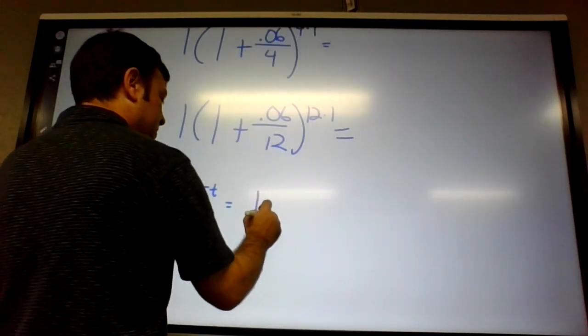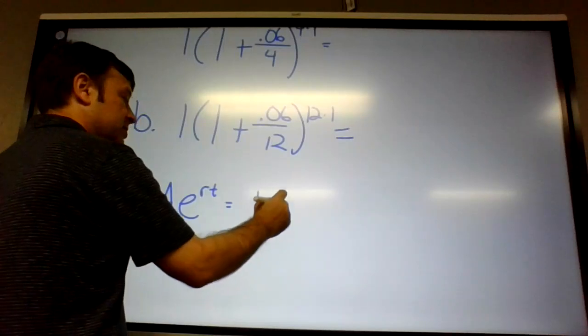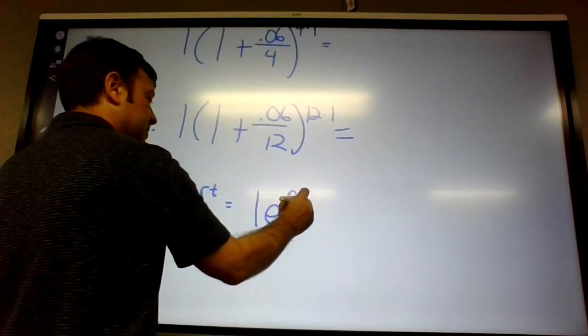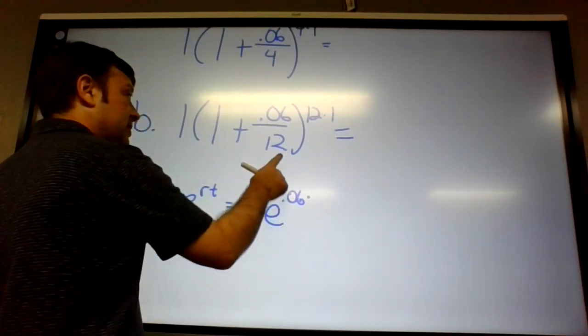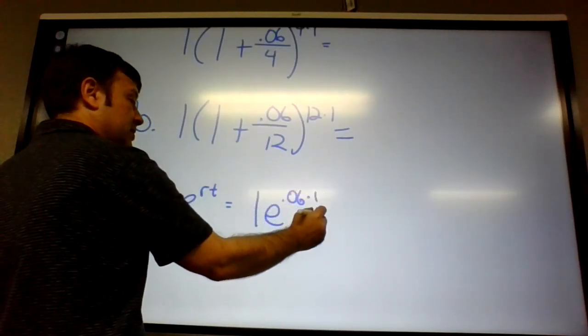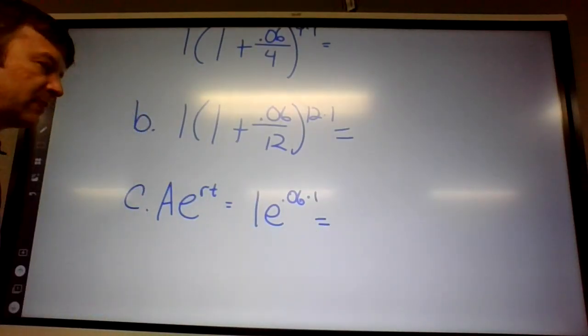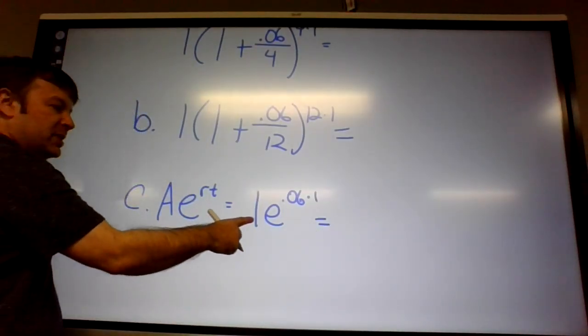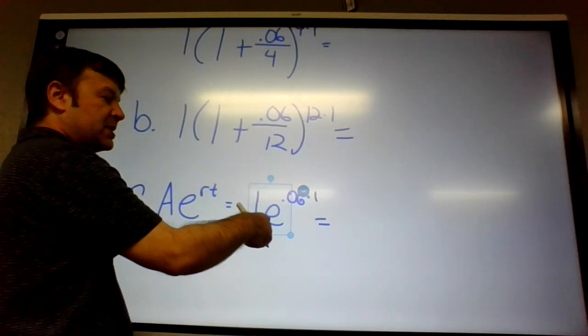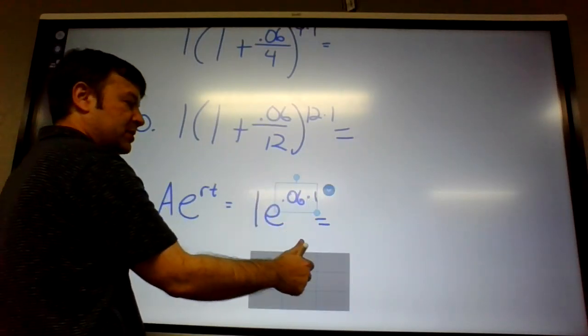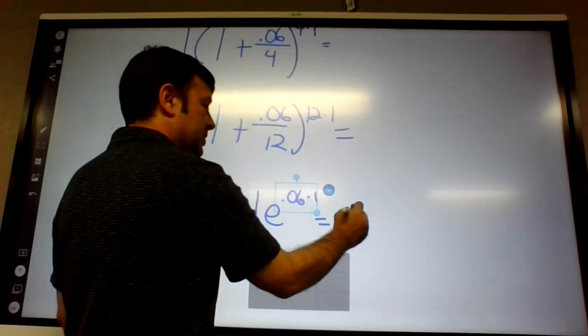So the starting amount is still $1. The interest rate is still 6%. And the time is still 1 year. The ones don't really do anything. 1 times this is this, 1 times this is this. So it's really just e to the 0.06 in this case.